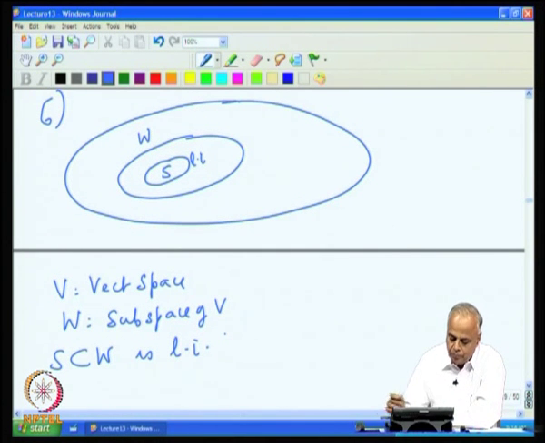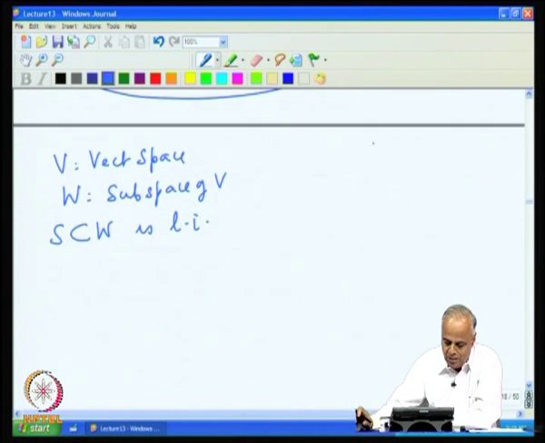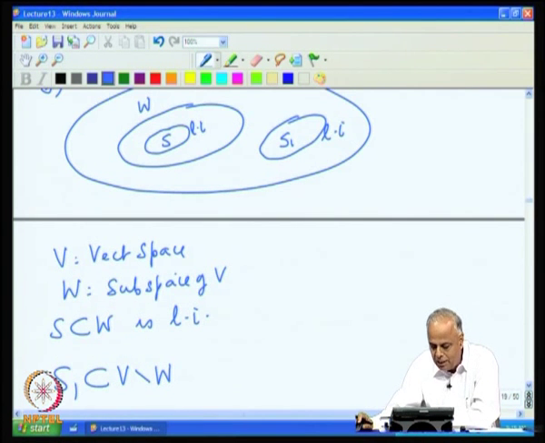Now, suppose W is a small part of V, there is a lot of space left outside W. In this space, suppose I go and pick up a set S1 which is linearly independent. So, S1 is contained in V, but not contained in W, it is sitting outside.